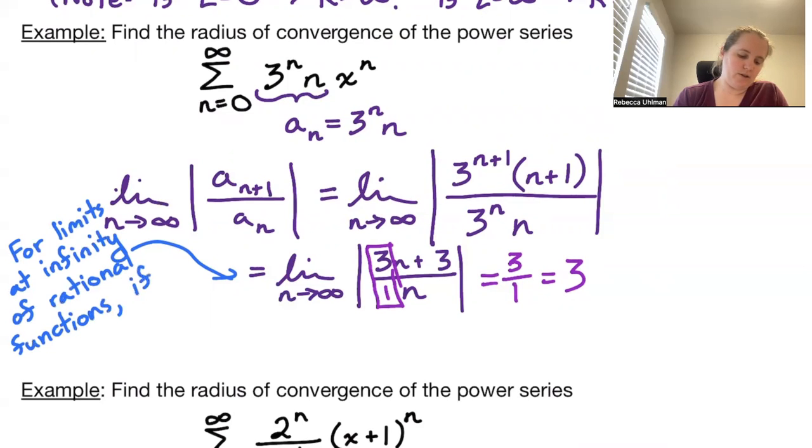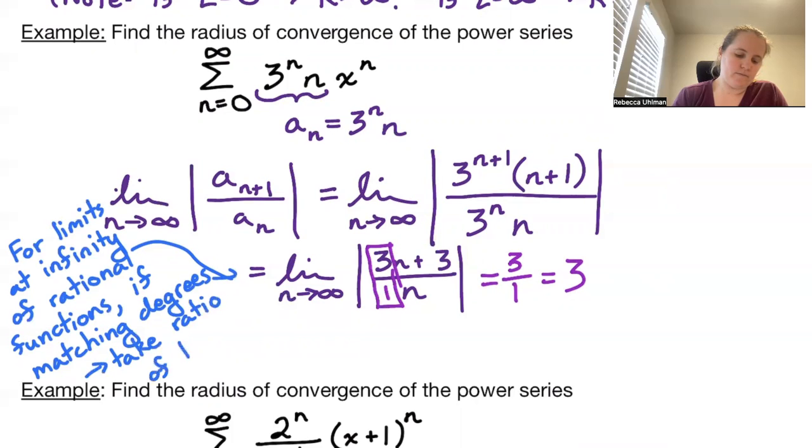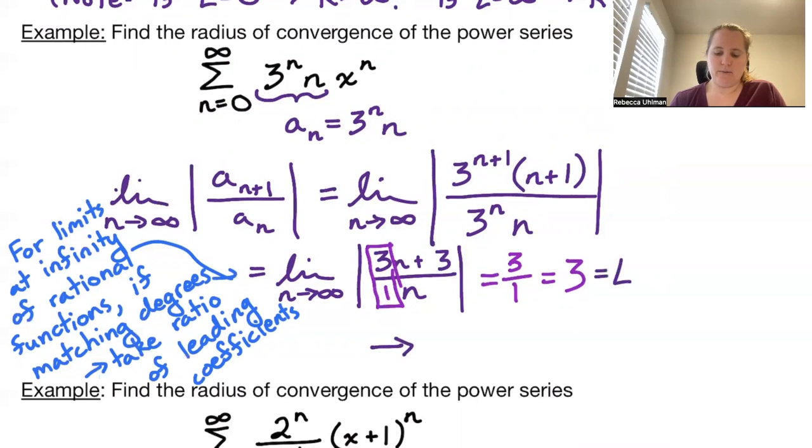If they're matching degrees, then we just take the ratio of the leading coefficients. So using our theorem, we know our L is 3. So we know our radius of convergence R should be 1 over L, and therefore is 1/3.